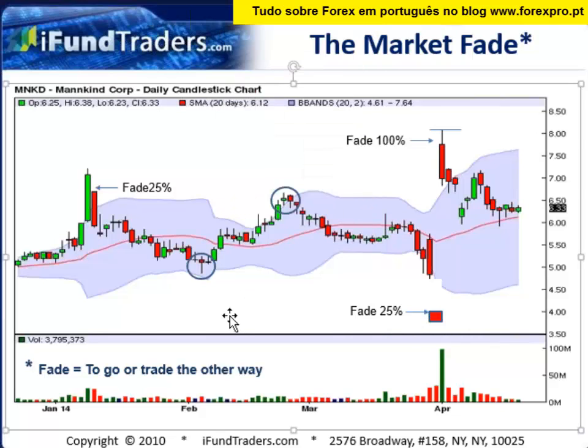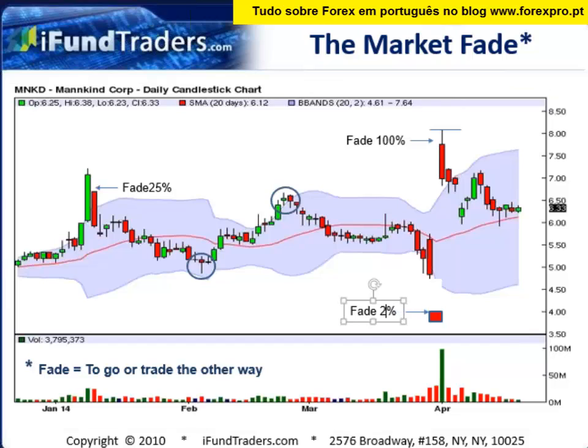That's where you had a red bar. But it was a little bit of red. It's too small to slice in quarters, in 25% levels. So you need the 100% mark here. This is wrong. 100%. Fade 100%. 100% of the red disappears outside of the band.